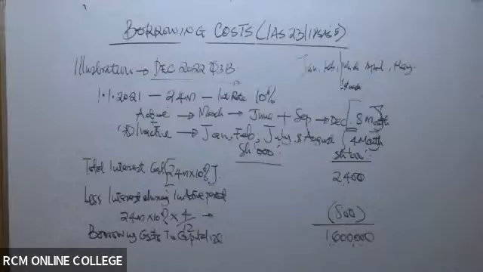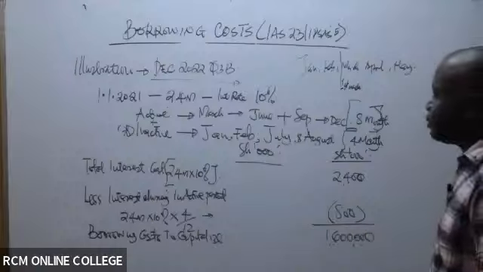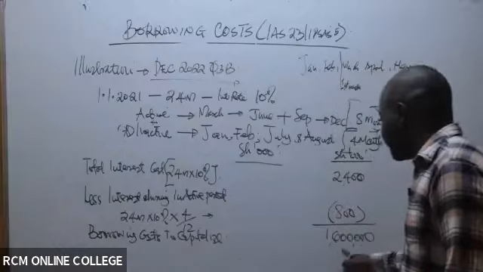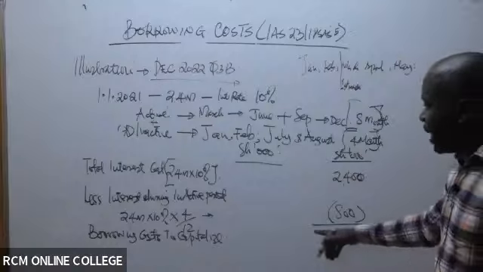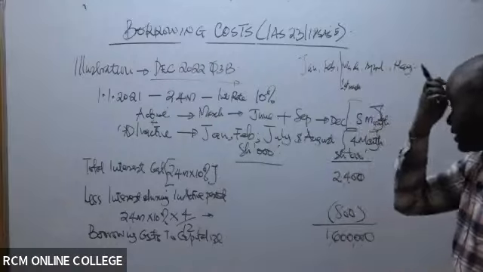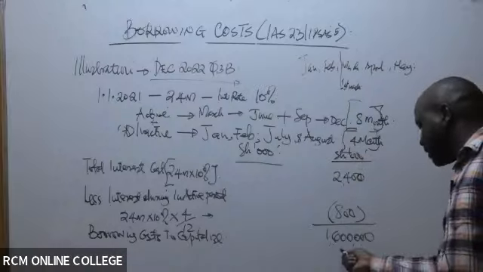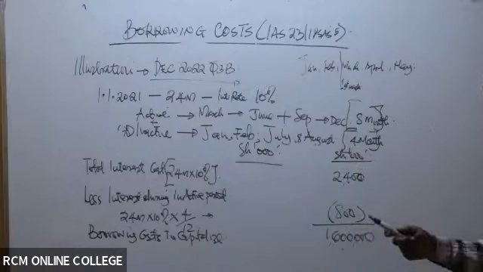In the explanation, I've already indicated to you that if the borrowing cost happens to be 1.6 million, and these funds were invested, the interest that is earned you're supposed to deduct from here during the active period of construction.